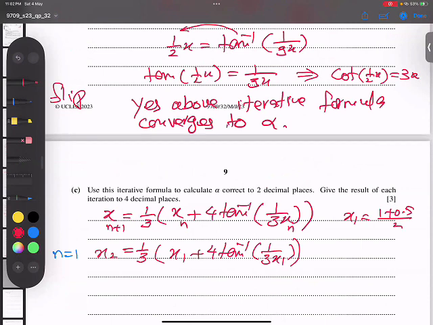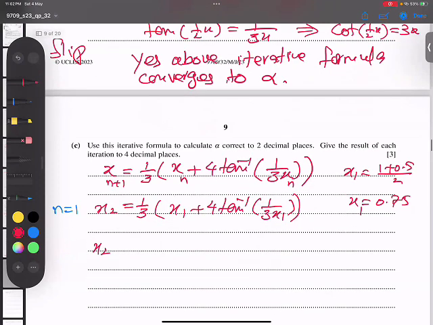Okay, so if I add them and divide by 2, I get what? x1, 0.75, which I'm going to plug in. Let's start: 1 over 3. Here I'm plugging 0.75, and 4 times tan inverse of 1 over 3 times 2.75. And let's see what answer of x2 I get.